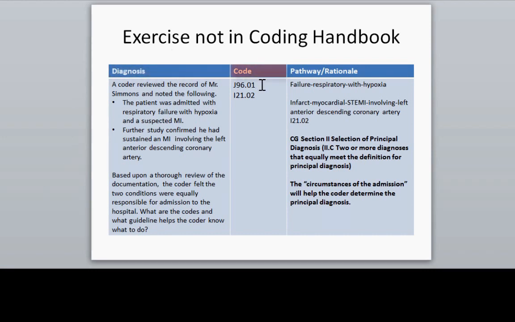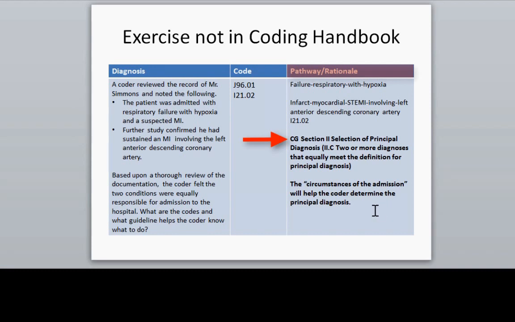Here's the codes, here's the pathways, and here's the coding guideline. This is section 2. Most of the time we're looking in section 1, but section 2 is selection of principal, and section 2C is when 2 or more diagnoses equally meet the definition for principal.